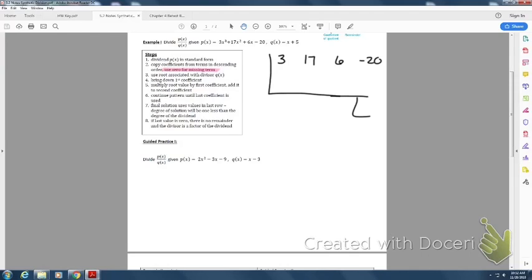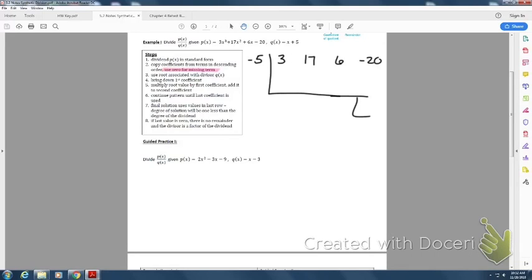Step 3 says I'm going to use the root associated with the factor. So if I've got x plus 5, I'm going to be working with negative 5 right there. Another common mistake on this is a lot of people will just put 5 right there instead of negative 5. You've got to solve that linear factor and put the solution to that right there.